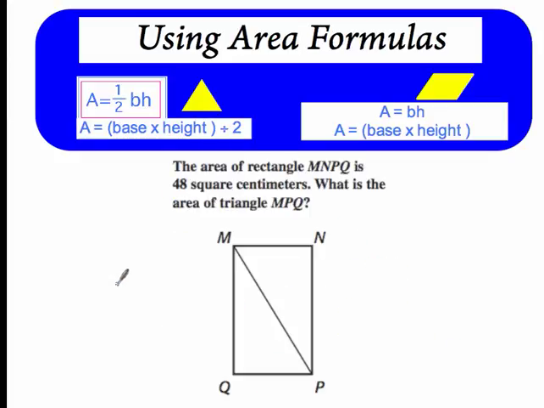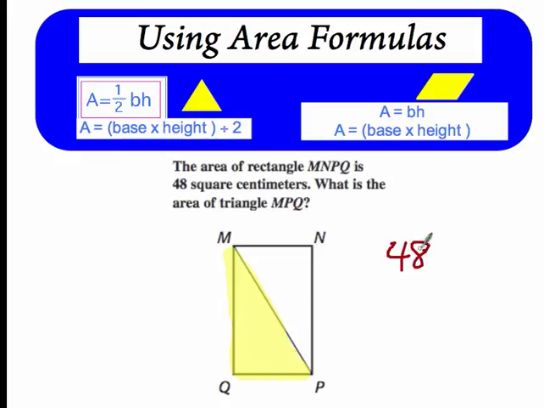The area of rectangle MNPQ is 48 square centimeters. What is the area of triangle MPQ? So with my highlighter, I'm going to color in triangle MPQ. MPQ is right there. That's all they want to know, is my highlighted triangle. What is the area of that? Well, I can do that by figuring out first what they told me. The area of the whole rectangle is 48.